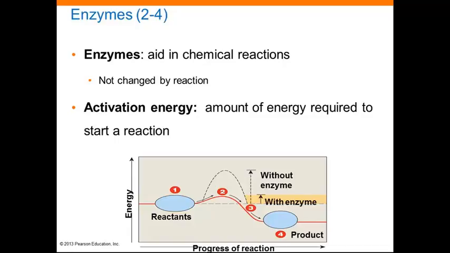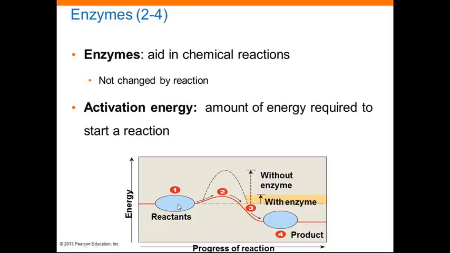And so this picture that we have here is trying to denote the amount of energy required for a chemical reaction to occur. And so on the left here we have energy. As you go up this way, it's an increase in energy, and this is the progress of the reaction. So this is kind of like time on this axis. So here you have your reactants that have this much energy.